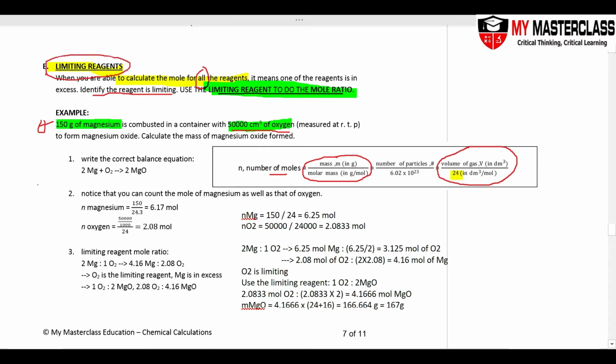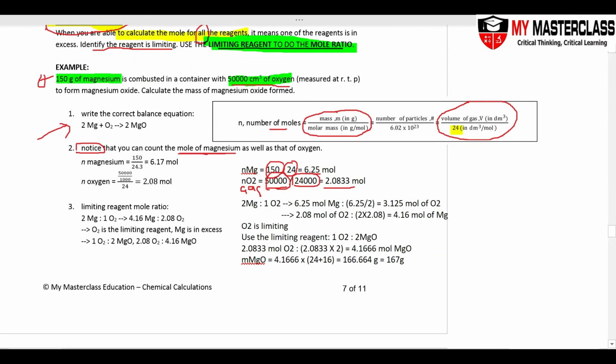Step 1, same thing, write your balanced equation. Step 2, notice that you can count the mole for both your reagents. You take 150 mass divided by your molar mass, and you get 6.25 moles. For oxygen, you take 50,000 divided by 24,000, volume divided by molar volume because oxygen is a gas, and you get 2.0833 moles.